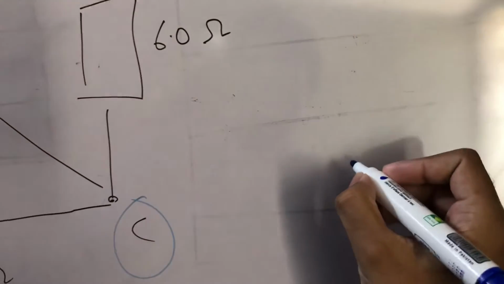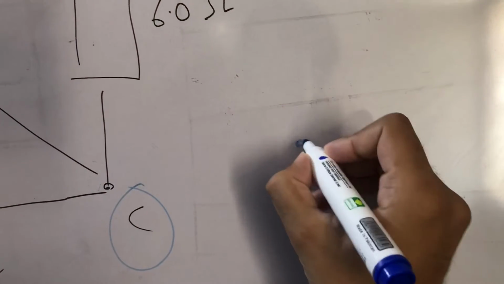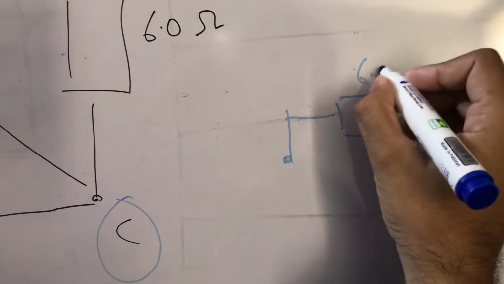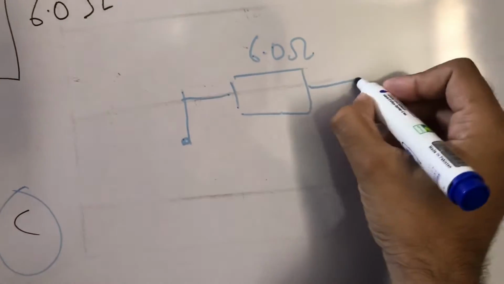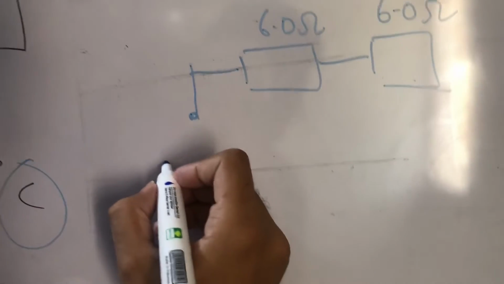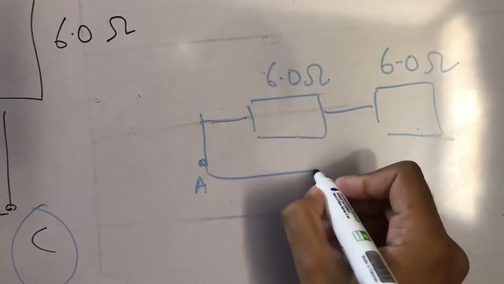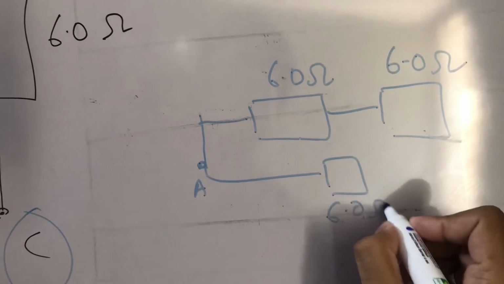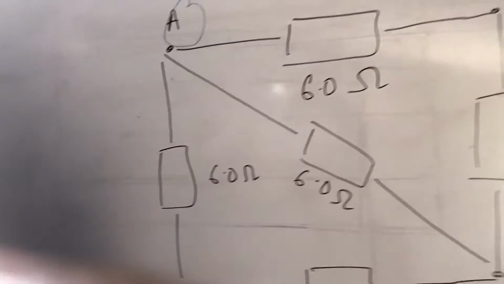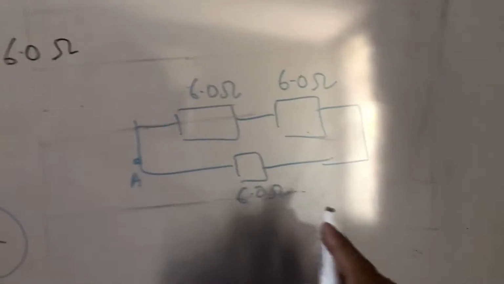Between A and C, the ways that are possible is that first of all we can go directly from here to here, that we have shown from this point.